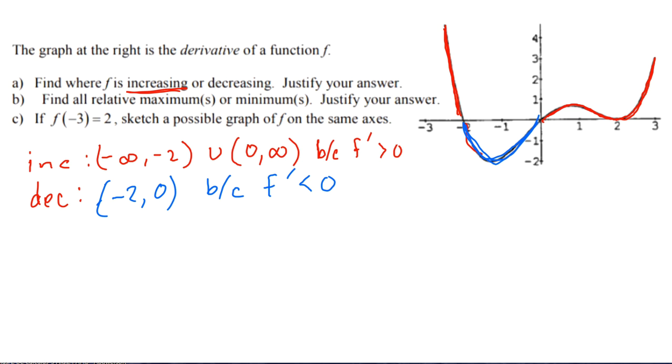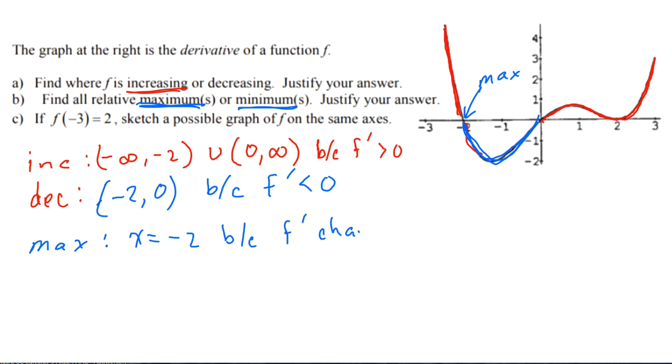Next thing it says to find is our maximums and minimums. All right, so we have a max right here, and the reason there is a max at x equals -2 is because f prime changes from positive to negative.